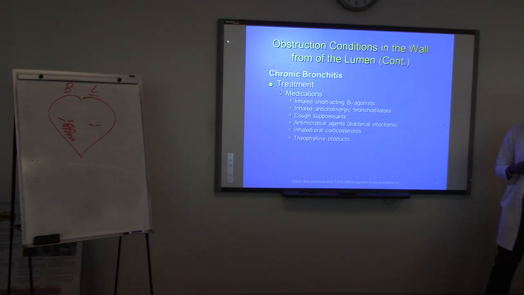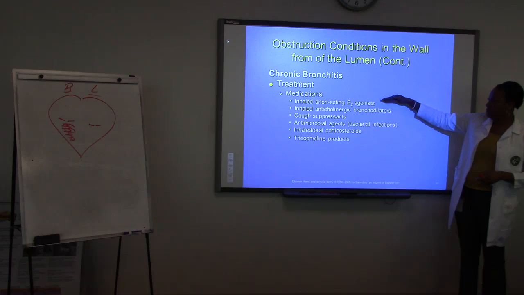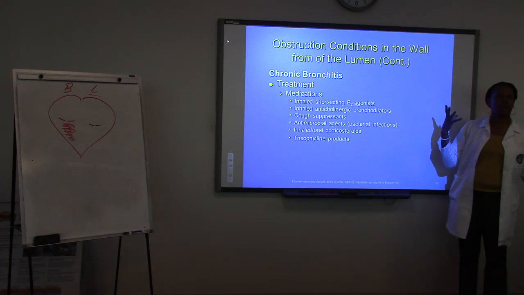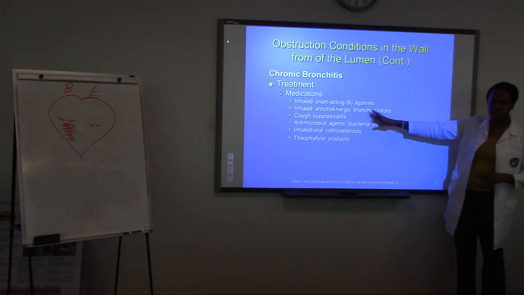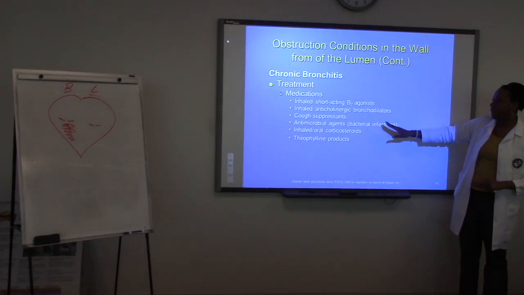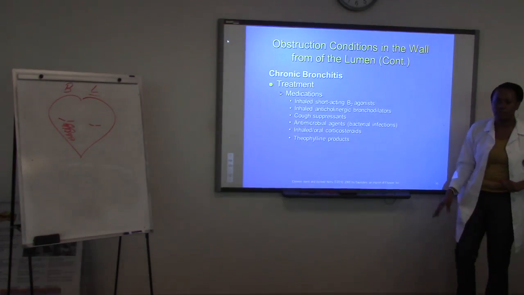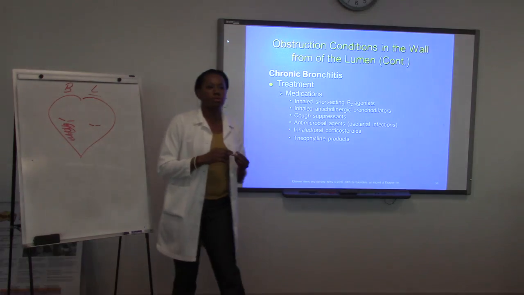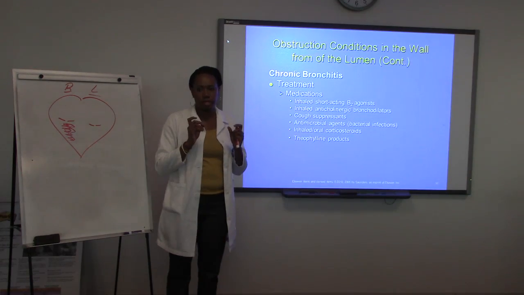Treatment. Same treatment goal as asthma. Give them B2 agonists and other bronchodilators to open up the airway. Cough suppressants to calm down that cough because they do have a considerable amount of coughing. These patients with chronic bronchitis, they actually are more prone to getting bacterial and viral infections.